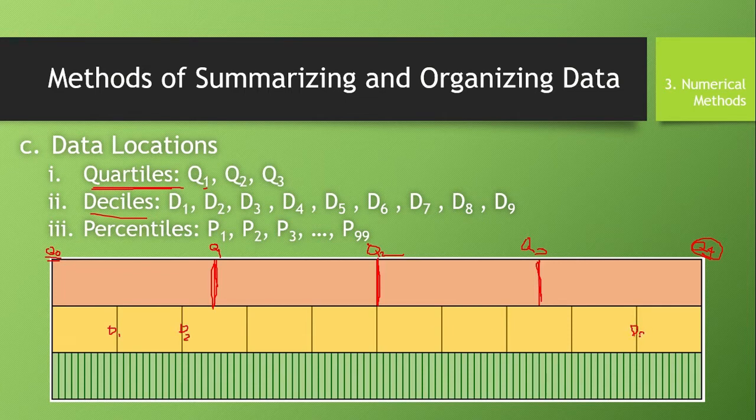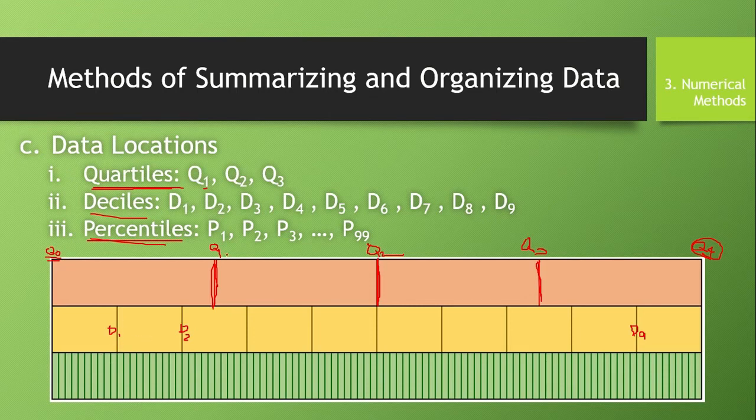So quartiles, deciles, this is in tens, just like our decimal, not 10 values, 10 numbers. Meaning our data here is divided by 10, it's divided by 4, and for percentiles, our data is divided by 100. So this is P1, P2, P3, P4, P5, until P100.